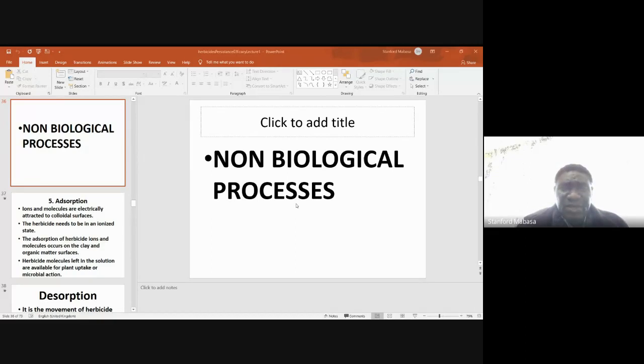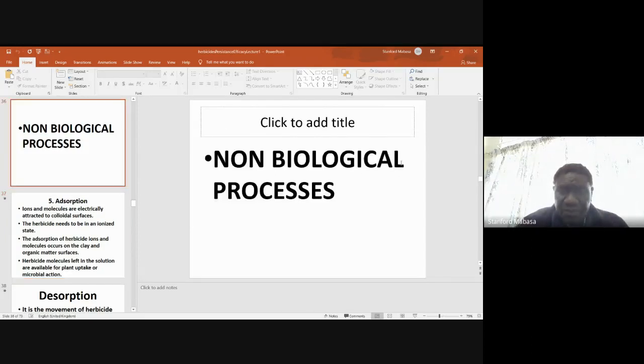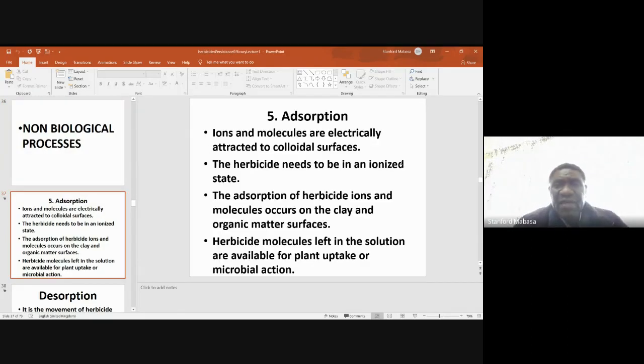So we'll start with the adsorption. Now, ions and molecules are electrically attracted to colloidal surfaces.